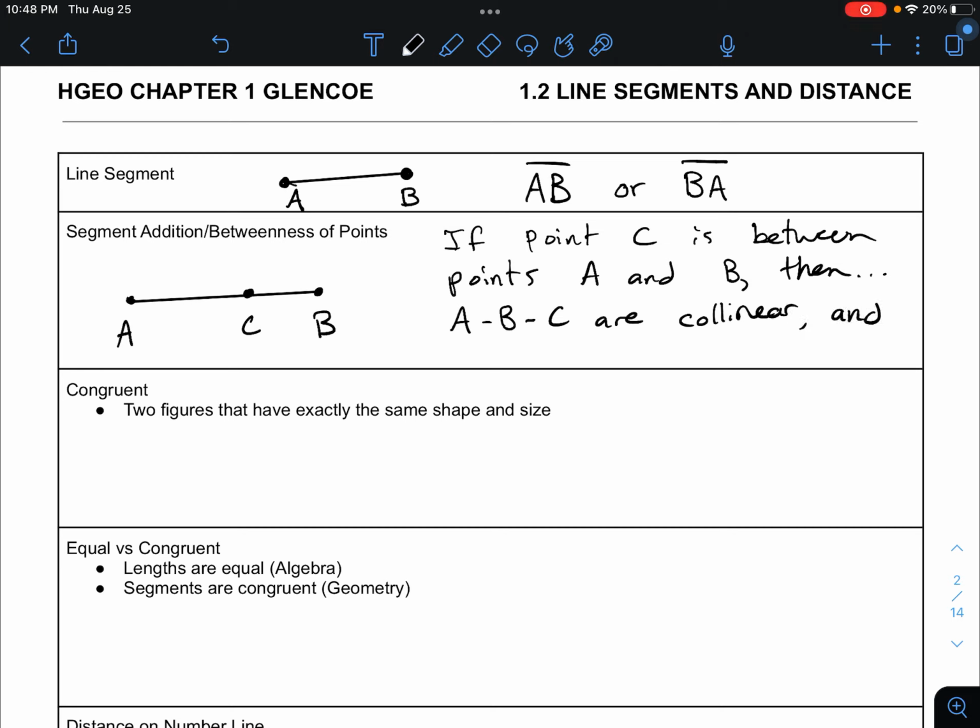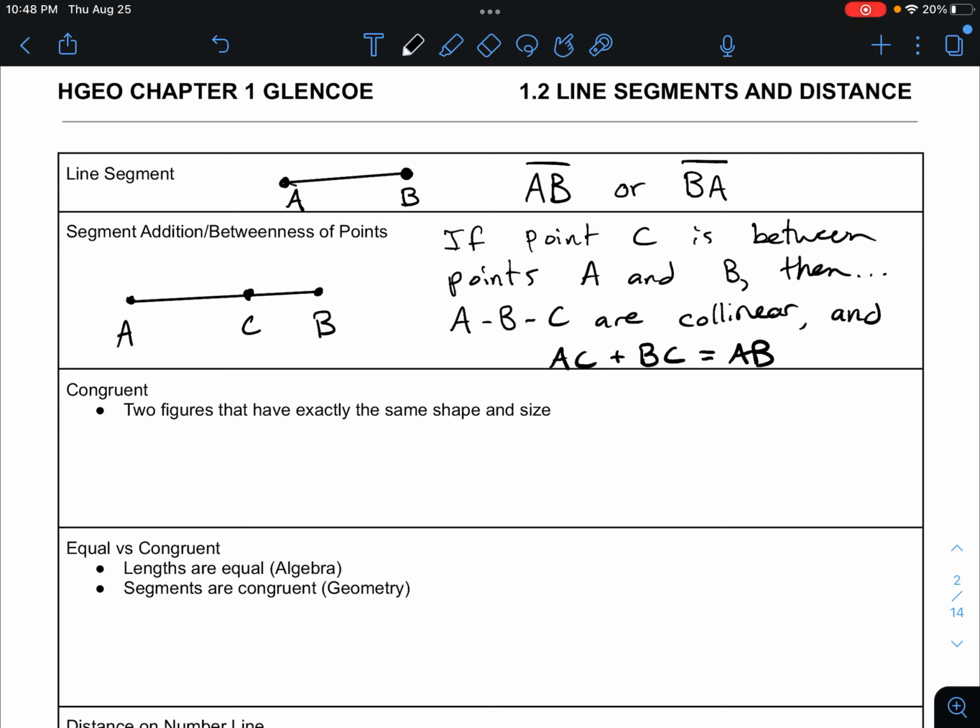And we have to know one other thing. This is where the segment addition comes into play: if I take AC plus CB, that would give me this entire distance AB. So the rule is that AC plus BC is going to equal AB. In order for a point to be between two other points, those 3 points have to be collinear, and the piece on the left plus the piece on the right would equal the whole piece.